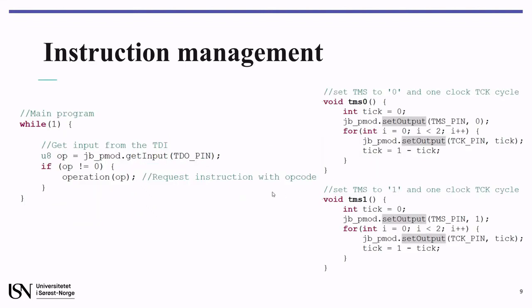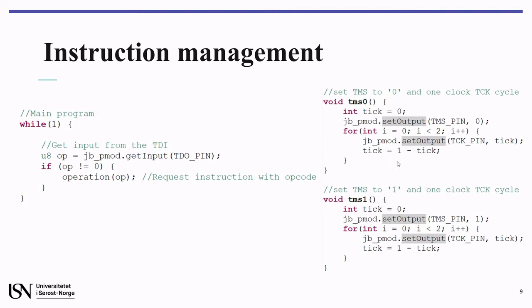Now, the way to manage and handle the instruction codes received through the opcode TDO pin is to use the operate functions, as we described earlier, to search for the wanted instruction. A function related to the opcode will be run, as seen to the right, where here we show a simple representation of the TMS0 and TMS1 instructions, where the TMS pins are driven to 0 and 1 respectively.